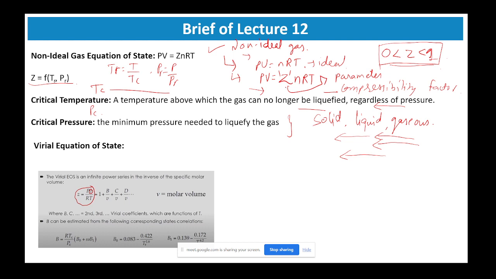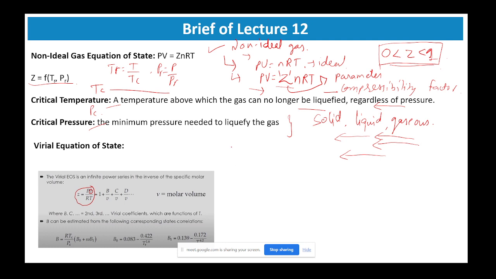So there will be some correlations which are already existing, and based on that correlation you calculate this compressibility factor. Now this compressibility factor is all dependent on the critical temperature, pressure and all. So there are various equations of state available in literature, which are empirically derived and based on some experimental values also.